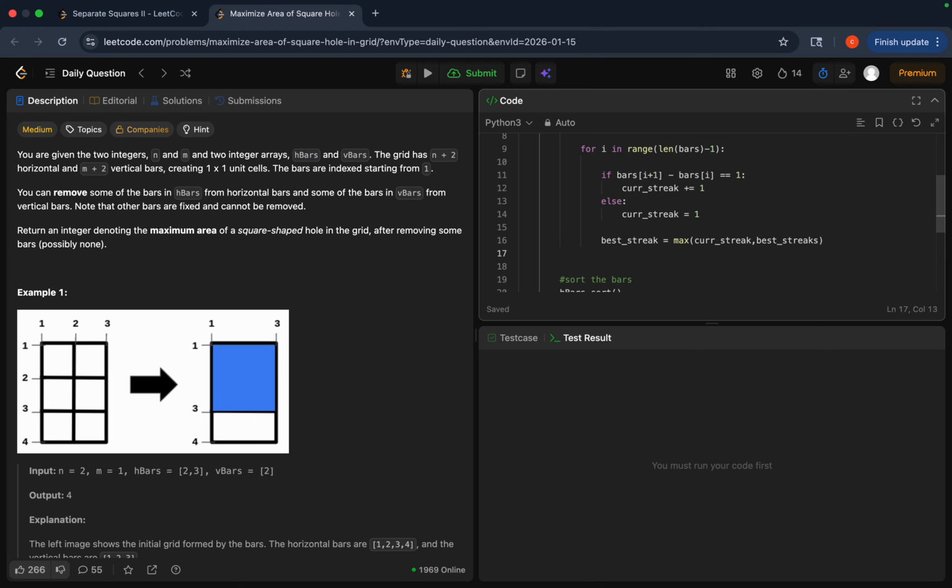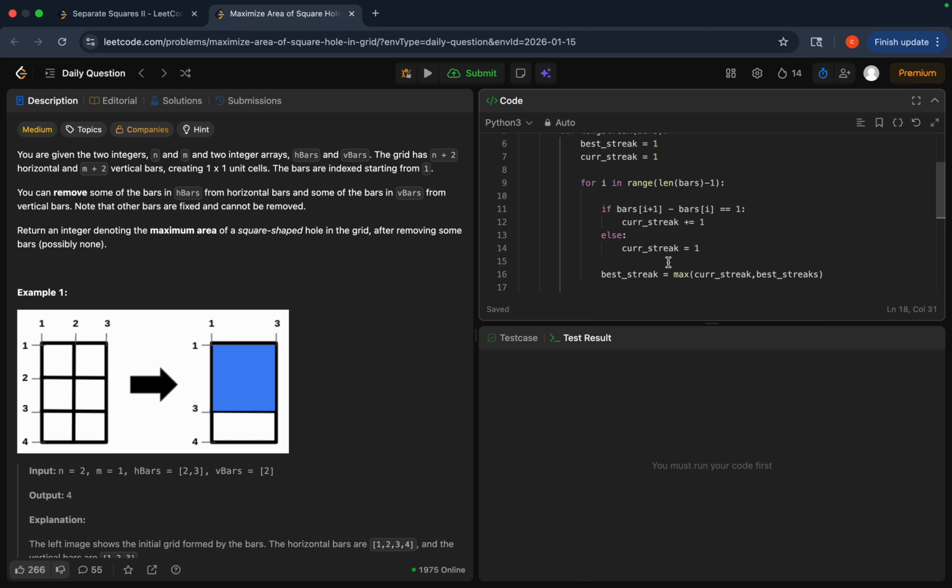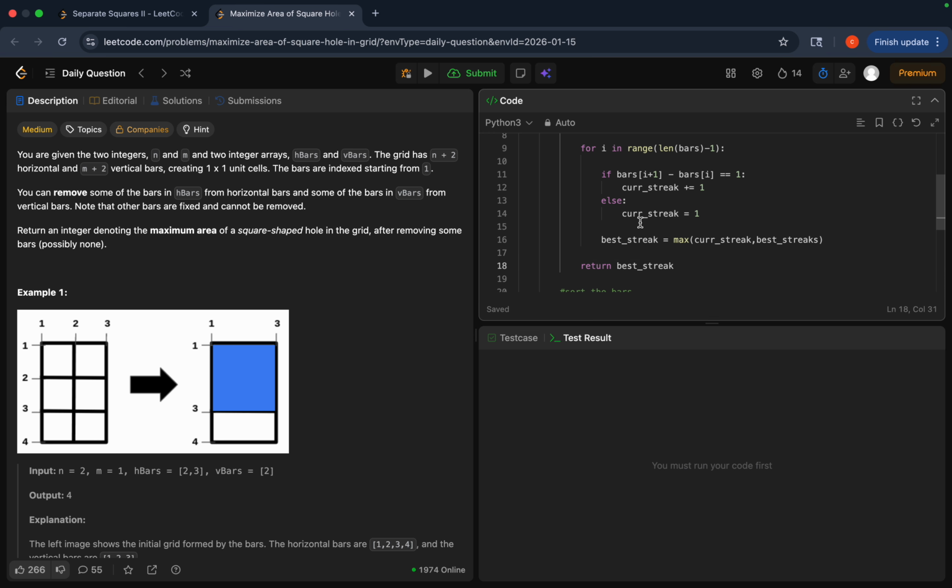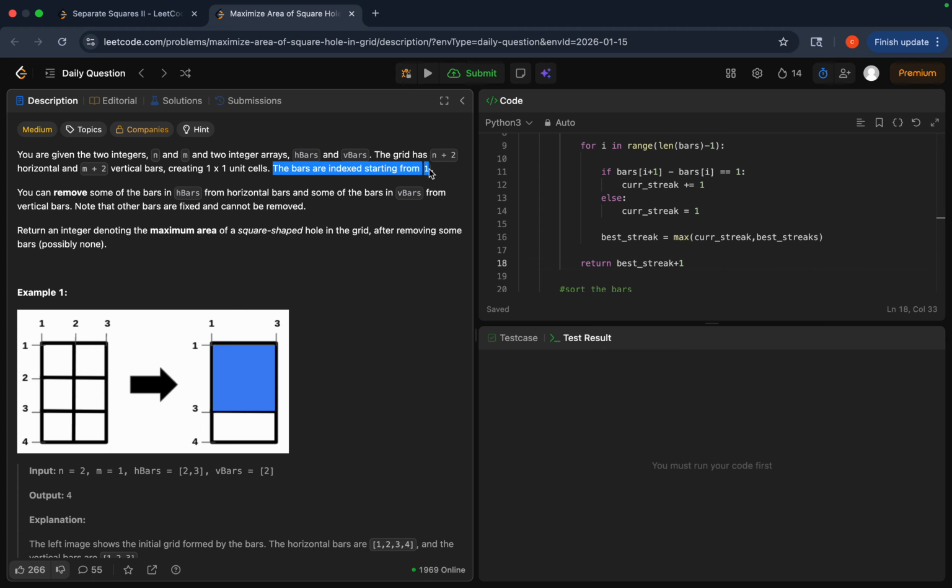And while returning, this should be plus 1, because the bars are indexed starting from 1, right?